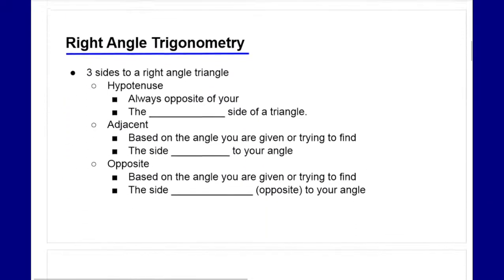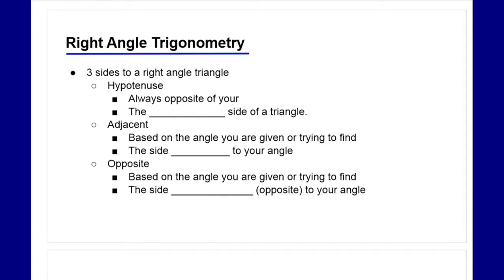With right-angled trigonometry, there are three sides to a right-angled triangle that we have to label. We just mentioned a, b, and c, the legs and the hypotenuse, so we do carry over a little bit of that terminology, but for the most part, it is different. We do have the hypotenuse. That is the same.